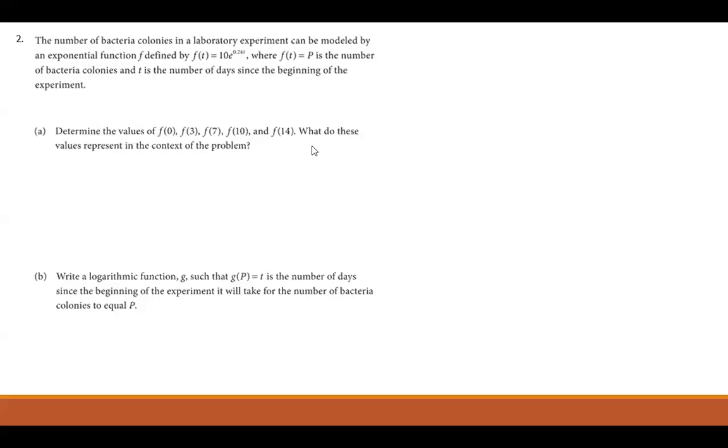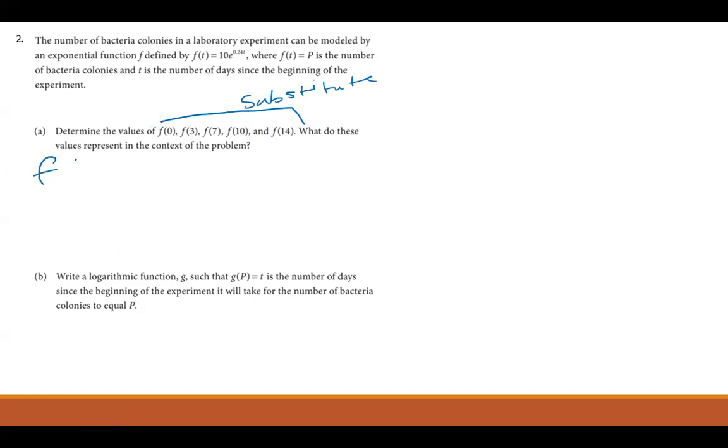Okay, so on the first part, you are given f of 0, f of 3, f of 7, f of 10, f of 14. This is simply function notation to tell you to do what? Substitute. That's exactly what that means. When you see this, this just means to substitute. Plug and chug, right? We're substituting those values in.